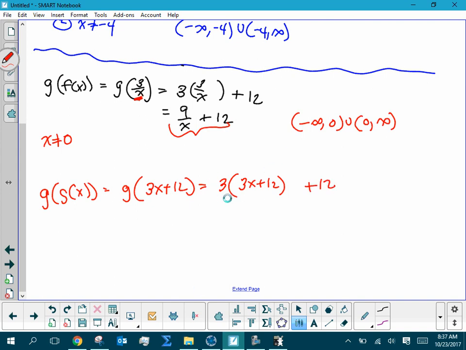I'll let you expand that: 9X plus 36 plus 12. Is there going to be any domain issues there? No, there's no issues with the input function. And ultimately, there's no issues there. So negative infinity to positive infinity should be that domain.